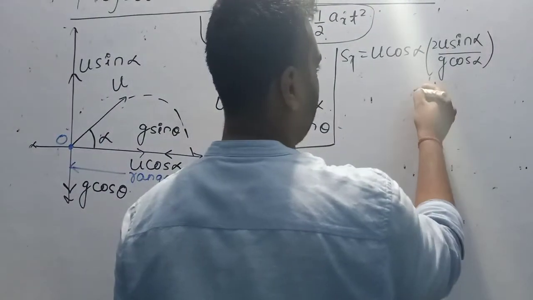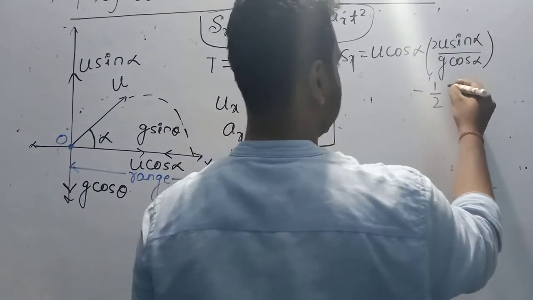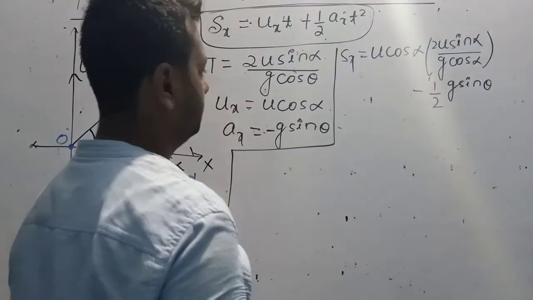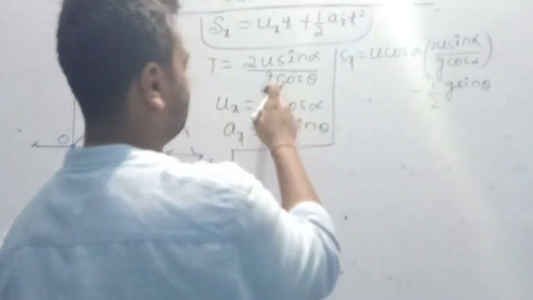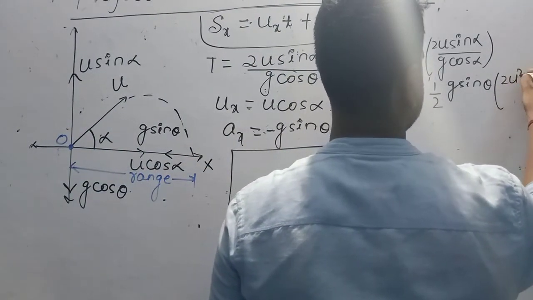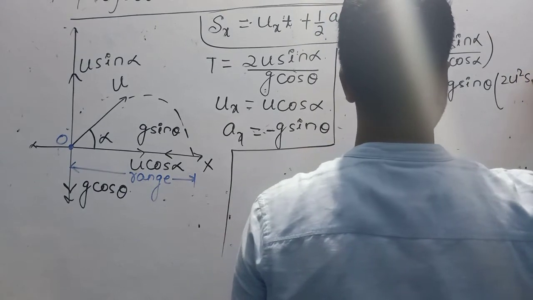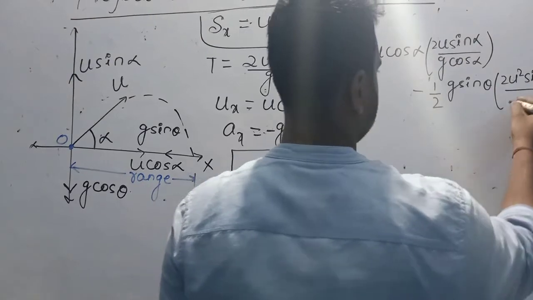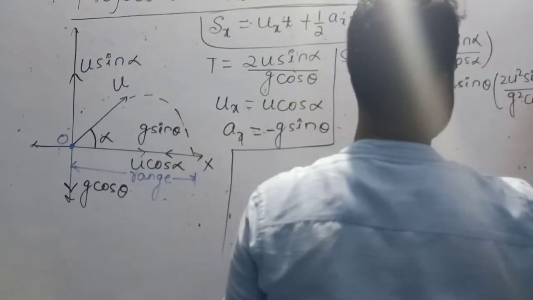So minus will come out, g sin theta into t square. What is the value of t square? 2u square sin square alpha divided by g square cos square theta.